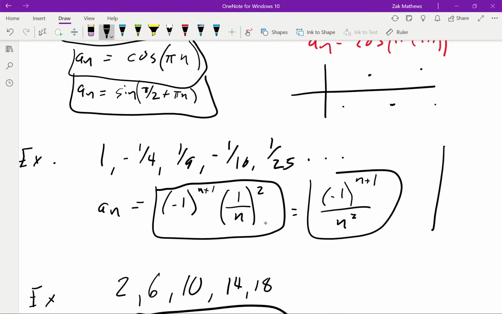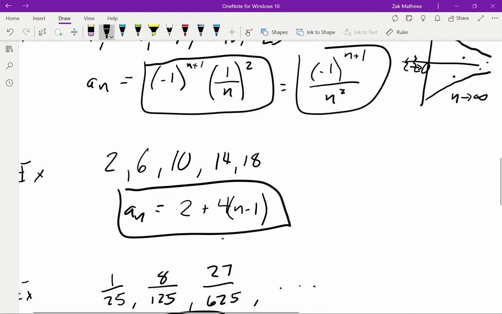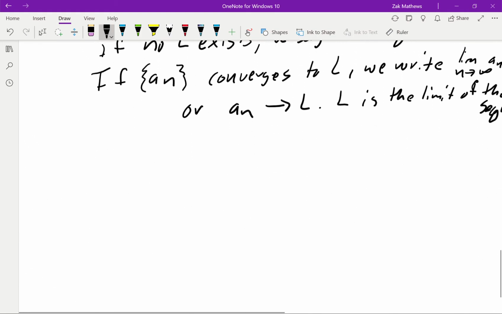Versus this second one, we had 1, then we had -1/4, then we had a +1/9, then we had -1/16, 1/25. We can clearly see that as the n's are going on forever and ever, we are driving that to within some epsilon range here. And so as our n's go to infinity, our epsilon is going to 0. And that is what we're looking to see.